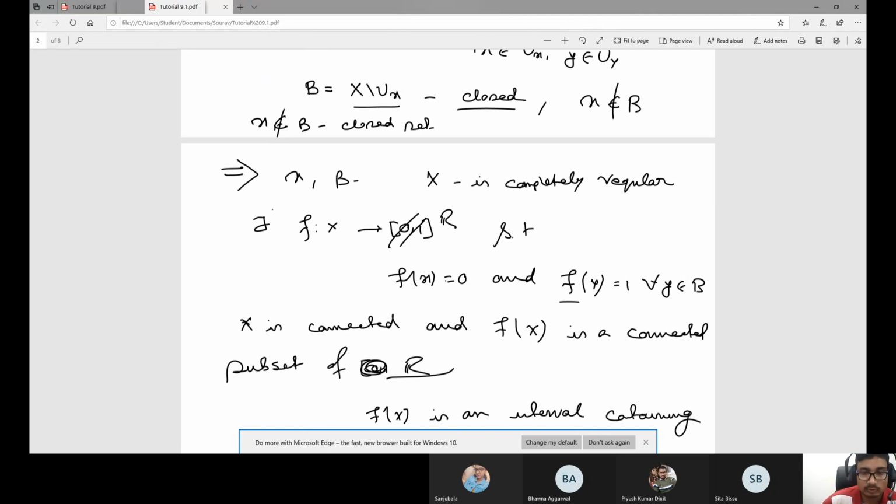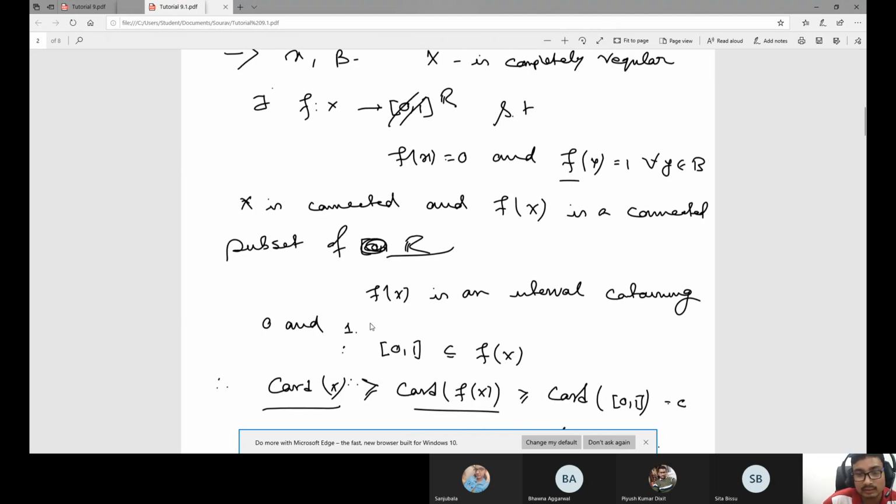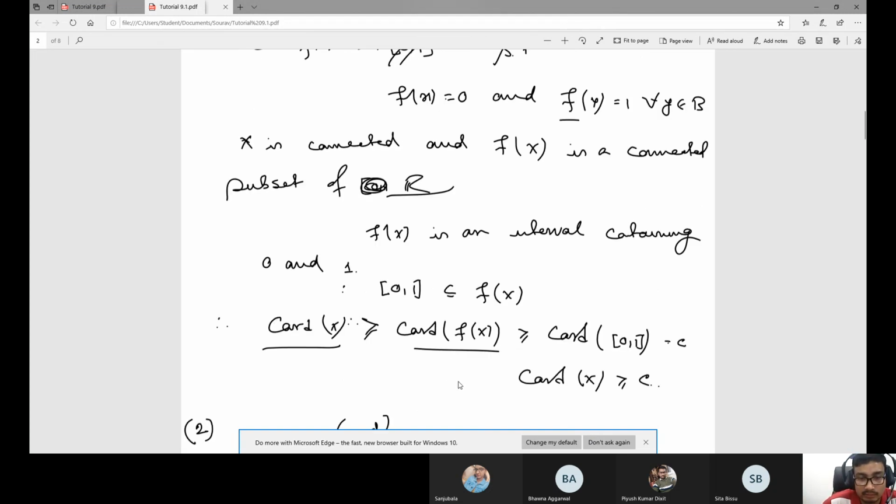Using this, the entire interval [0,1] lies inside the image of X, meaning the closed interval is the image. From here, we can directly say that the cardinality of X is greater than or equal to C.